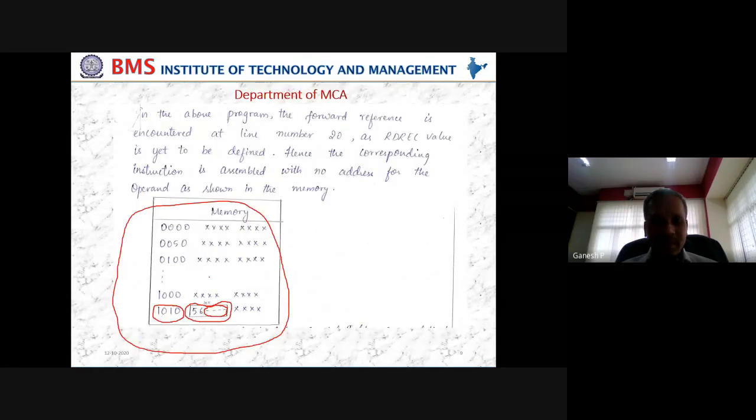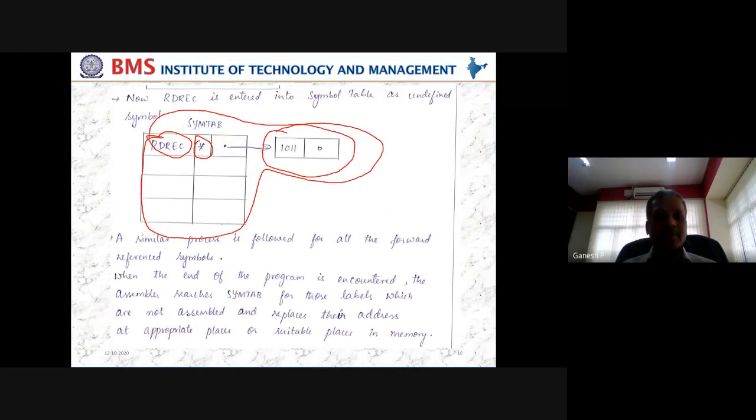Right now, at 1011, I have left a blank space, because this is the place where I have to put the address of RDREC. I am informing the symbol table in the form of a linked list that whenever I get to know the value of RDREC, immediately put that address in location 1011, so that my one pass assembler can comfortably complete the object code generation we want.